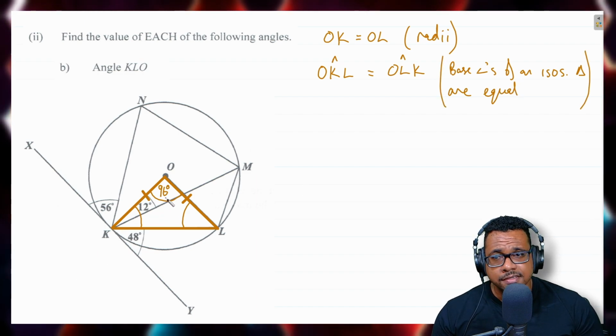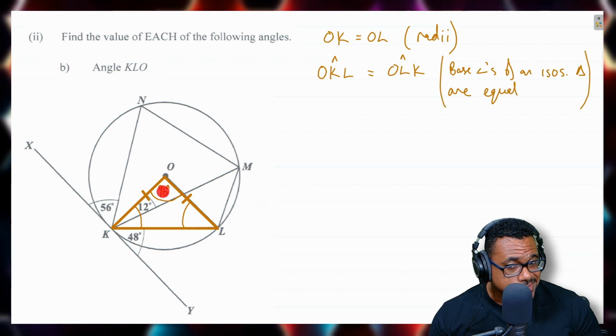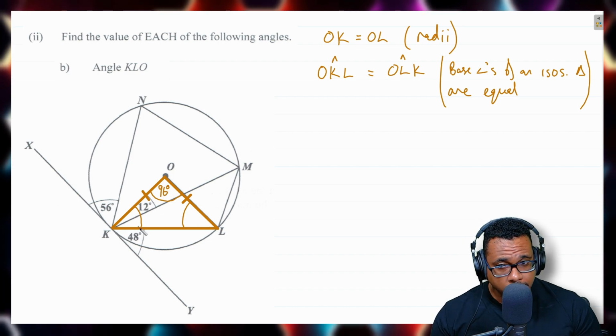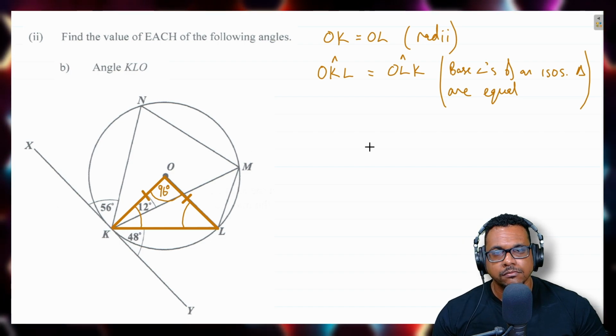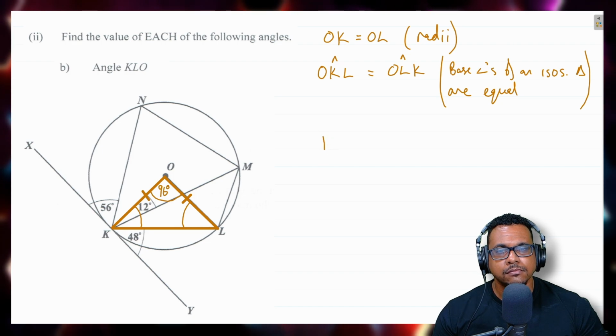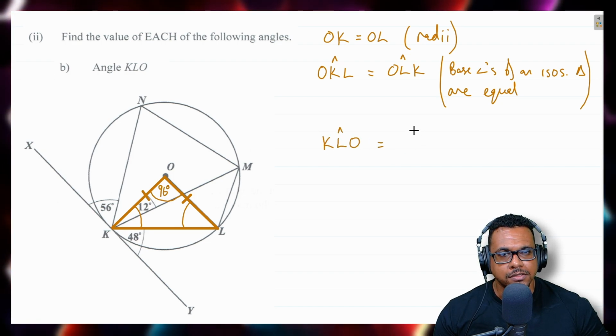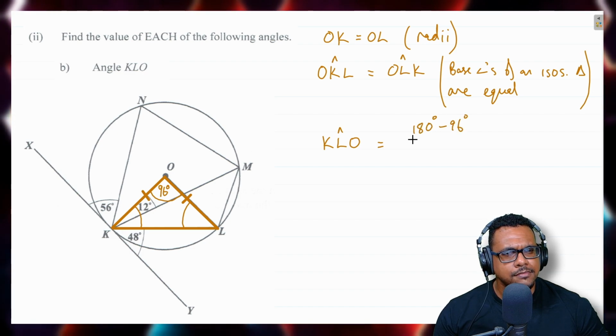So now we can say, 180 take away 96 and then divide our answer by 2, and we get these two angles here. So angle KLO is equal to 180 take away 96 divided by 2.